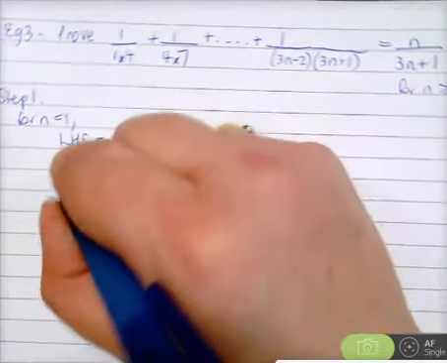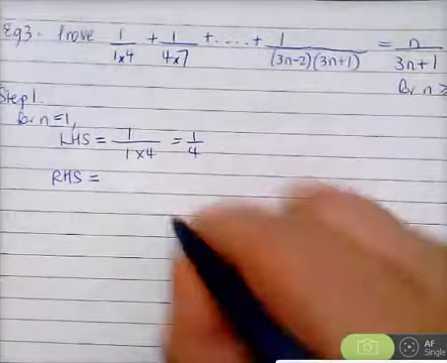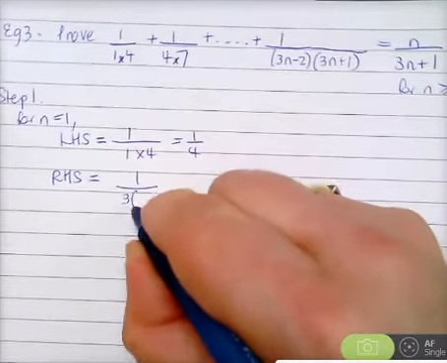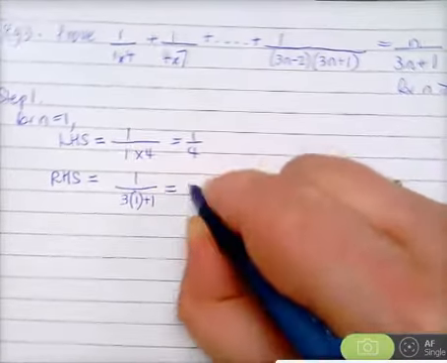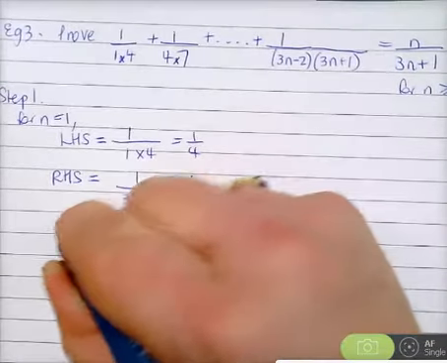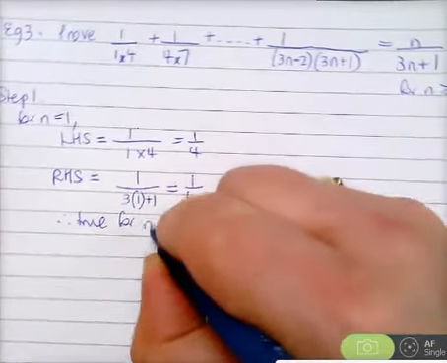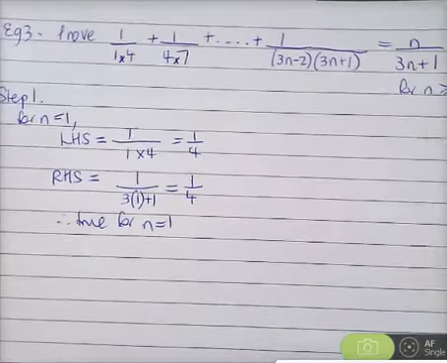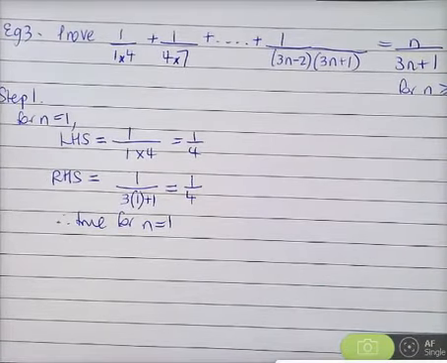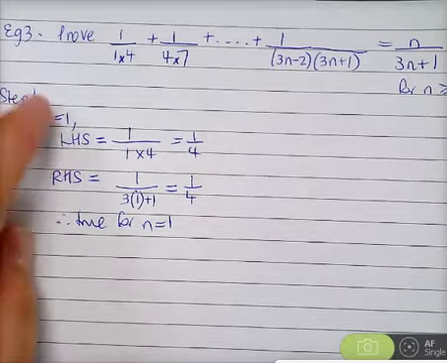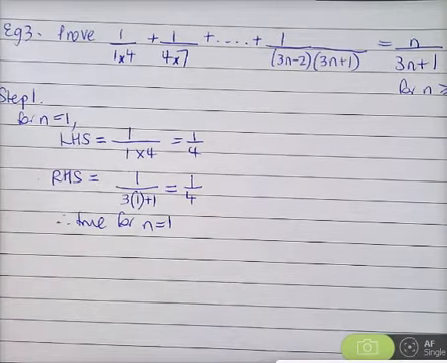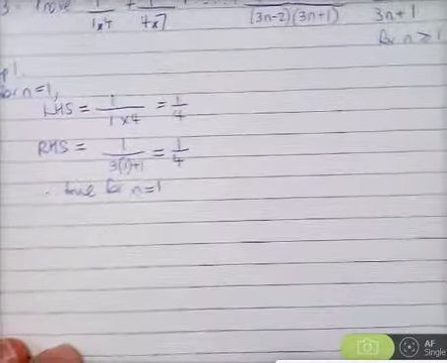What's the right-hand side for n is 1? 1 over 3 times 1 plus 1. Therefore, true for n is 1. So, girls, once you start getting used to this, you don't have to write prove true for n is 1. You go for n is 1, therefore true for n is 1. Right? Step 2, assume.